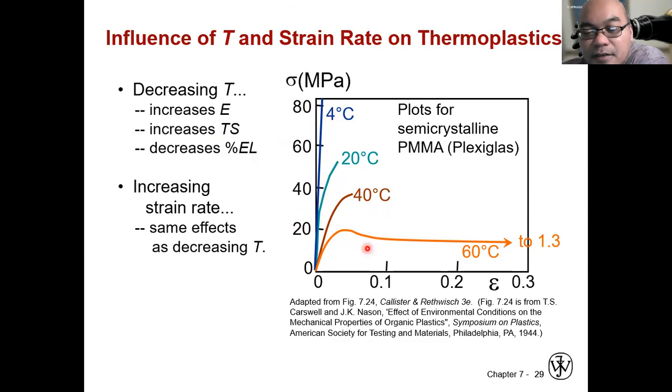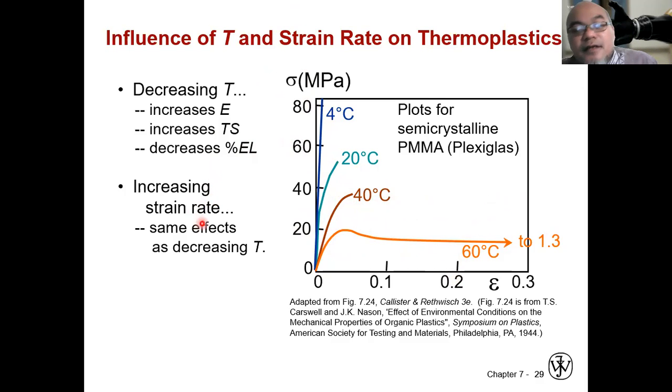So when you increase the temperature, you start to have a plastic deformation region. This one is the TS, tensile strength. You can also have the ultimate strength.